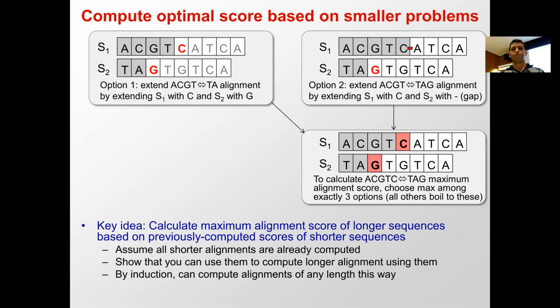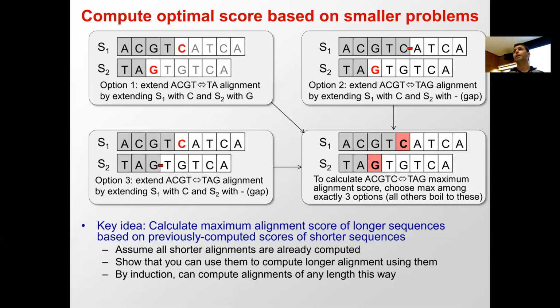Nice. And then the last option is I add a gap to the other sequence. Okay? So basically I extend this, ACGT with a C, and then I add a gap here. So I can build up on one of 3 smaller subproblems.